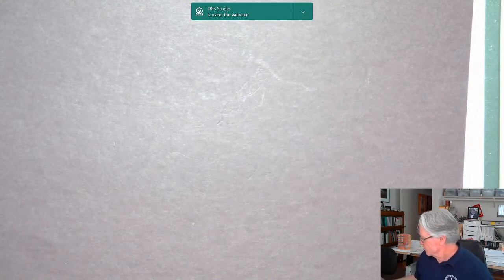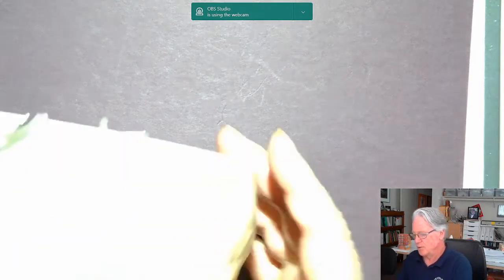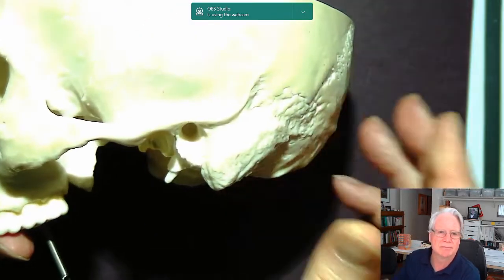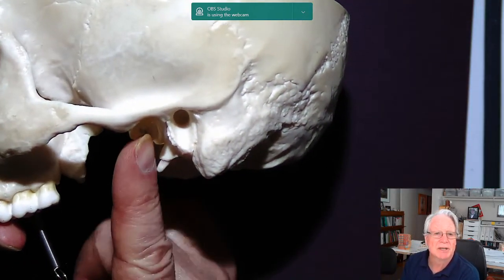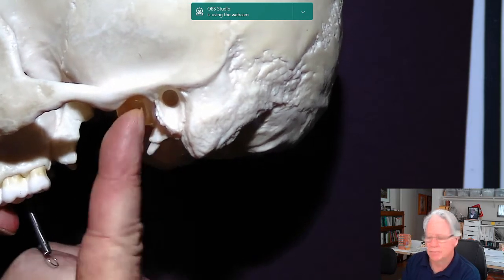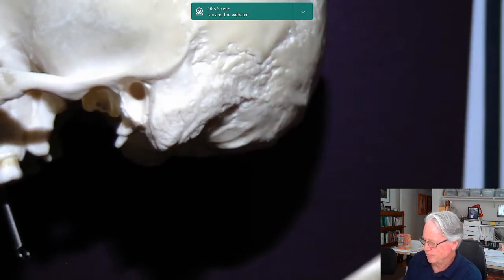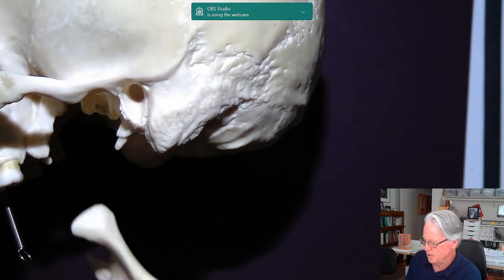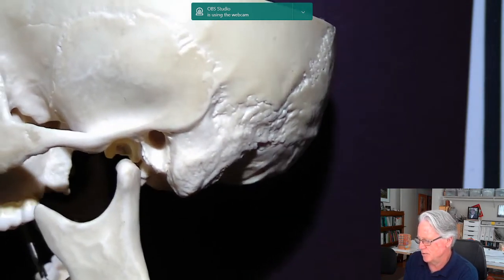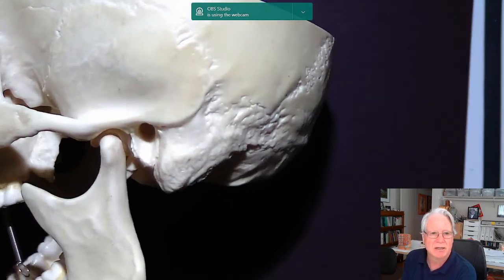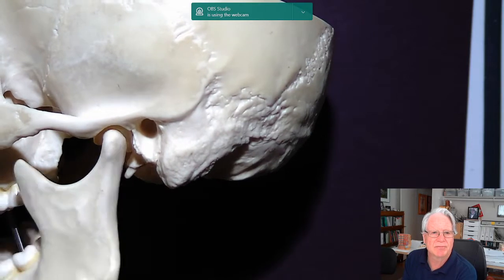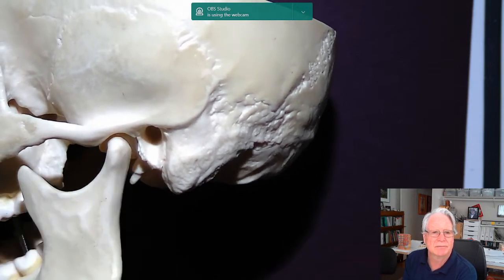The mandibular fossa is part of the temporal bones. So here's the temporal bone. And there's a fossa right there. And the mandible fits right into that fossa like this. And forms that joint.